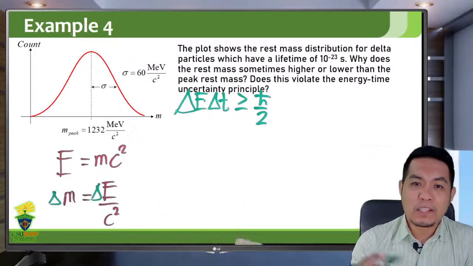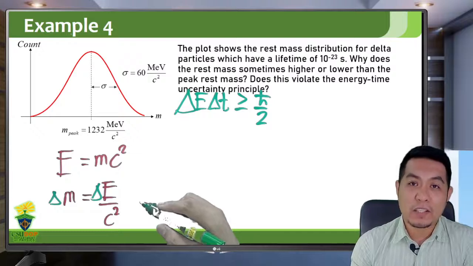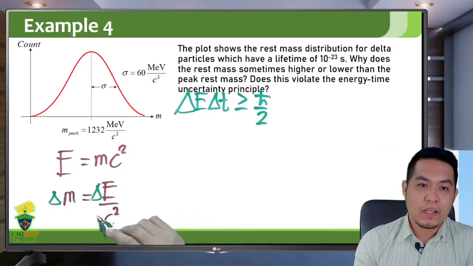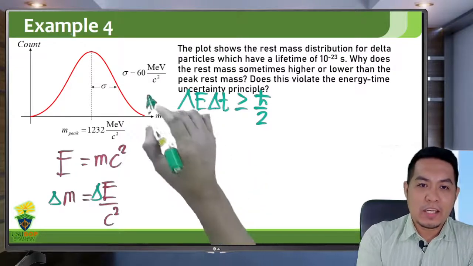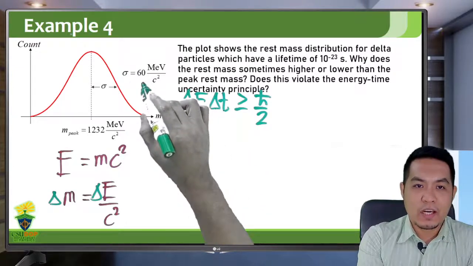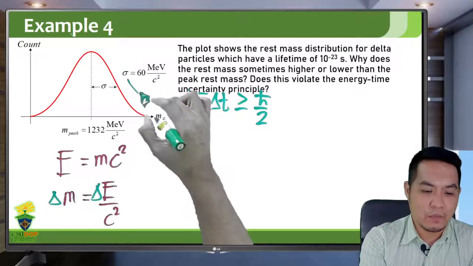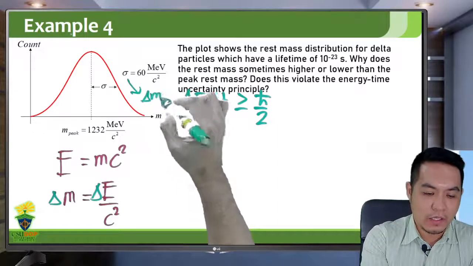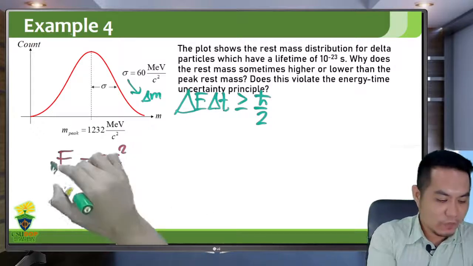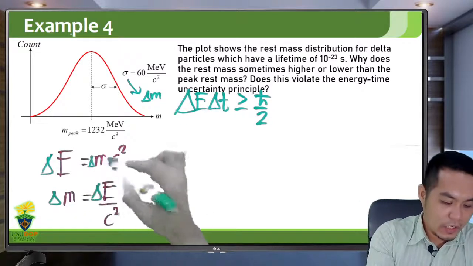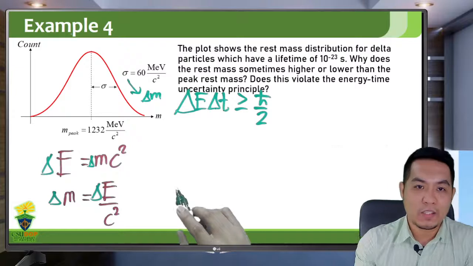But does this violate the energy-time uncertainty principle? That's the question. Okay, so delta E here is given by this value, sigma. This is actually our delta M. To solve for delta E, just multiply delta M by c squared.